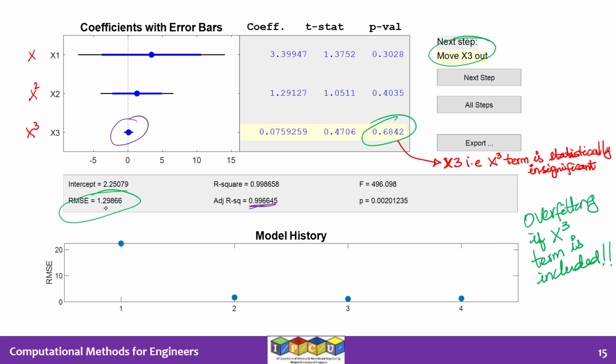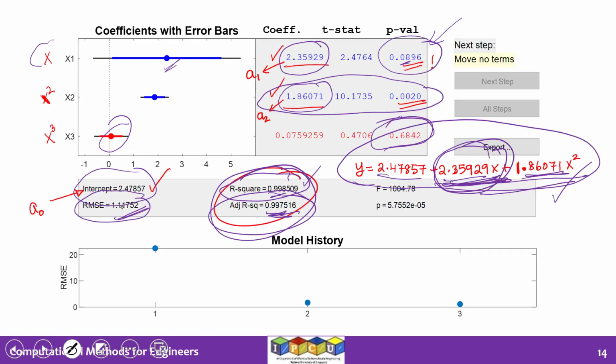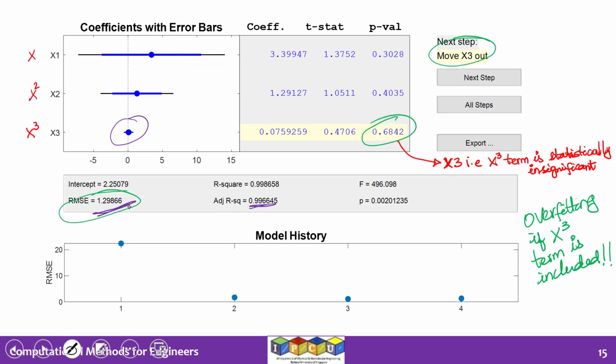And the RMSE value actually increases from 1.117 to 1.298. So with bringing in this extra x cube term, the x3 term, into the model, the RMSE value actually went higher.